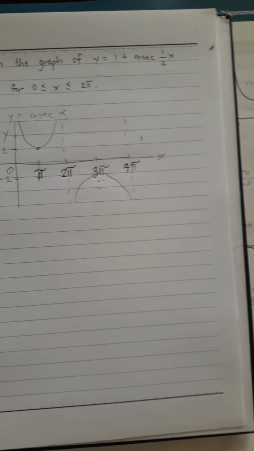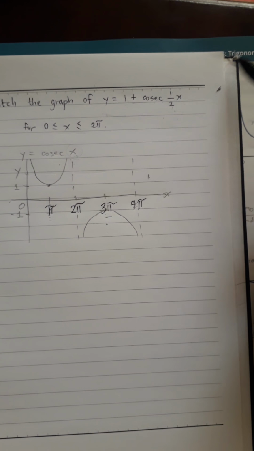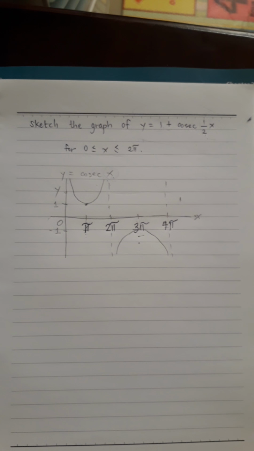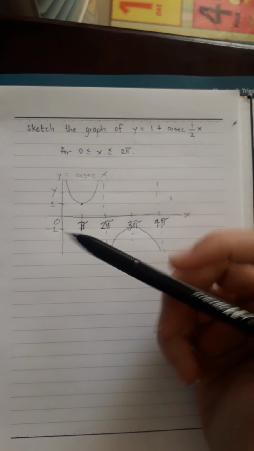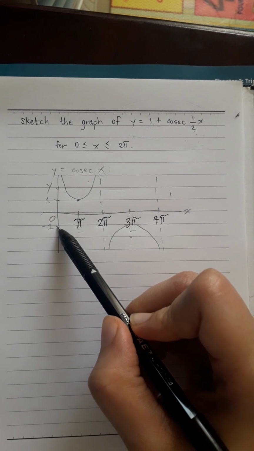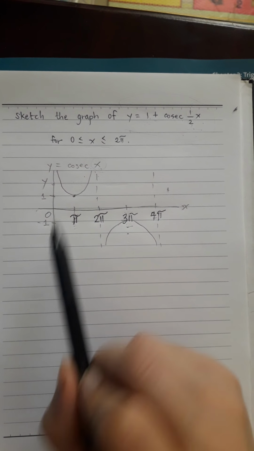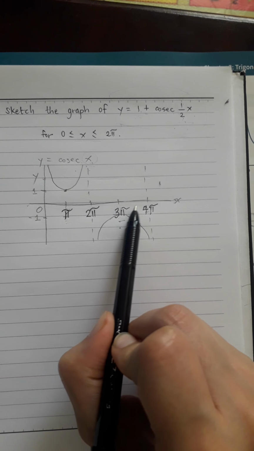Okay, from the original. And also, the values of y will change because of the plus 1. So we will add 1 to the values of y. Our values of y are negative 1, 0, and 1. So we don't have any point here on y equals 0.